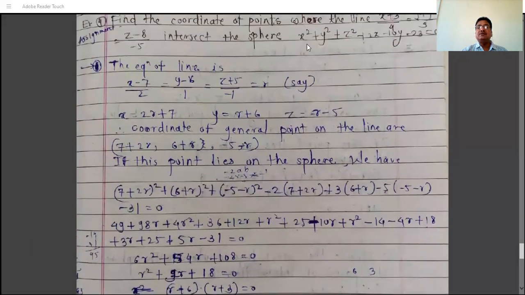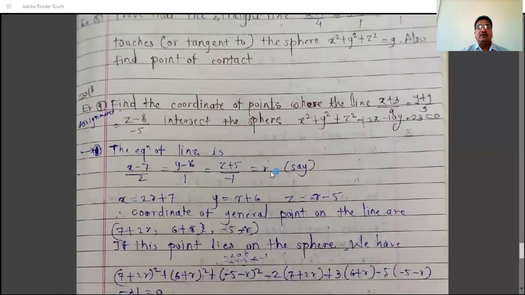The equation of the sphere is this: x square plus y square plus z square, so 7 plus 2r bracket square, plus 6 plus r bracket square, plus minus 5 minus r bracket square, minus 2 into x, that is minus 2 into 7 plus 2r, plus 3 into 6 plus r.